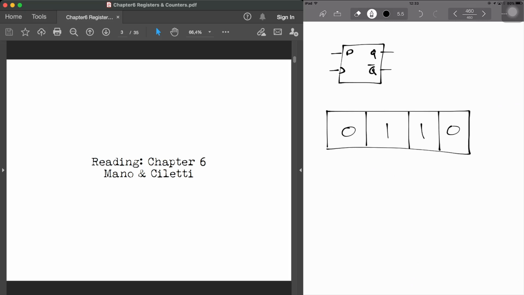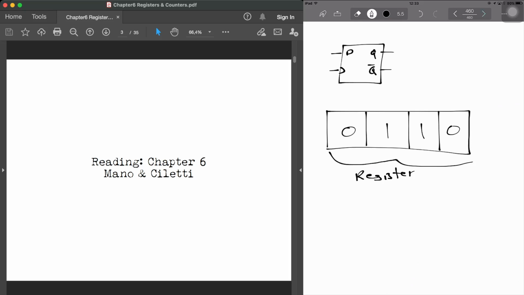Now, this is called a register. So it's a collection of flip-flops with common input signals or control signals, let's say asynchronous or synchronous, and we can implement a register with 4 bits, 8 bits, depending on the architecture, 16 bits or 32 bits.